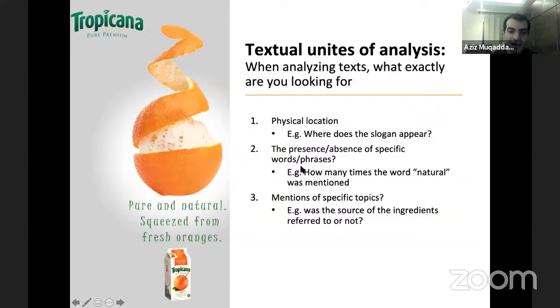Can I train an algorithm or a machine to do this job for me more efficiently, to look into the presence or absence of specific words? What do you guys think?